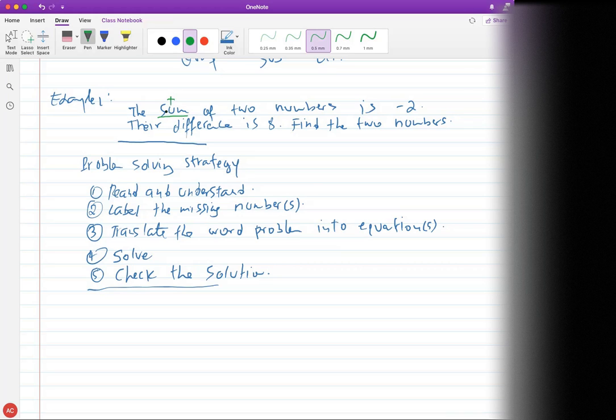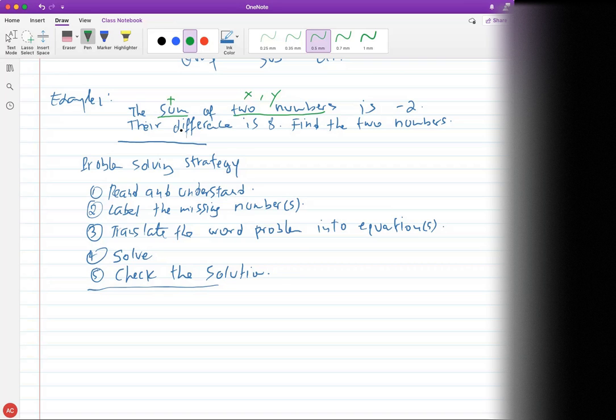You get the sum of two things or more by adding them. Of two numbers, so we're looking for two numbers. Let's label them whatever you want, either A and B, X and Y, whatever. Since we've been using X and Y throughout the past 3 classes for the systems, let's use X and Y. So two numbers, let's call them X and Y. So their sum is -2.